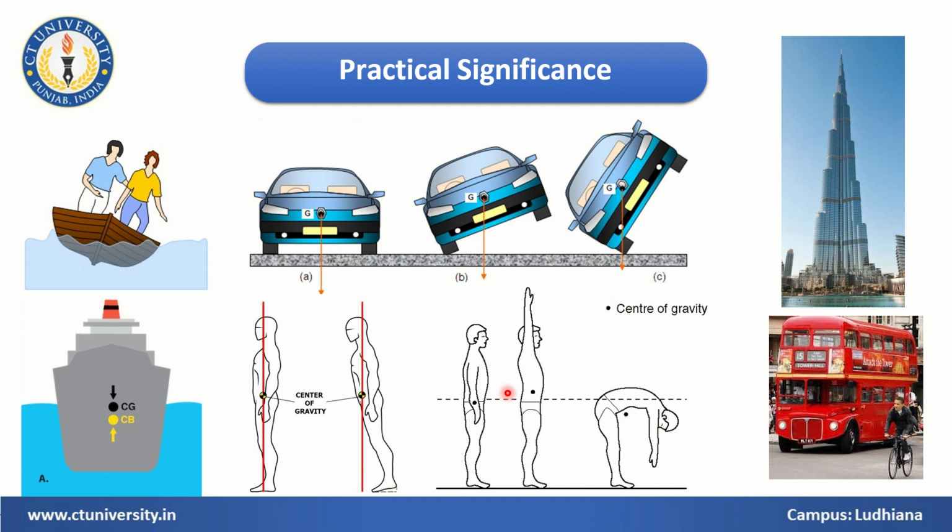These are a few examples which can happen in day-to-day life, in different engineering applications: automobiles, buses, high-rise buildings, cars, human body, and a lot of machine components. They are very critically designed with the help of CG. So the position of CG is very critical. Each and every application of CG is very tremendous, right?